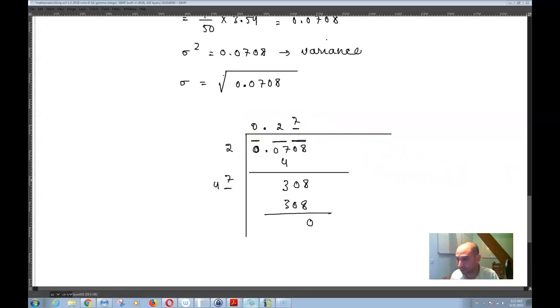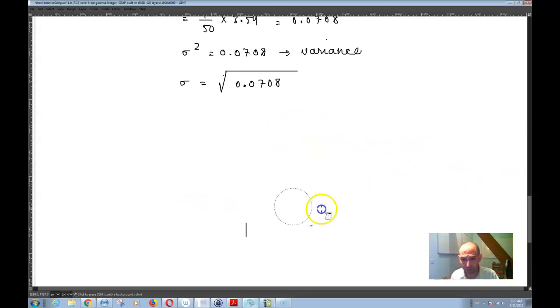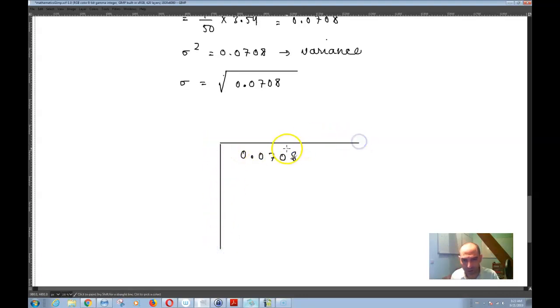Okay, so let me actually start over with this. I have 0.0708. I want to take the square root of this number. So as usual, I can group the numbers this way, and this will give me 0 times 0, which seems logical, although sometimes you cannot rely on logic, because when you're using an algorithm, you have to follow the algorithm.